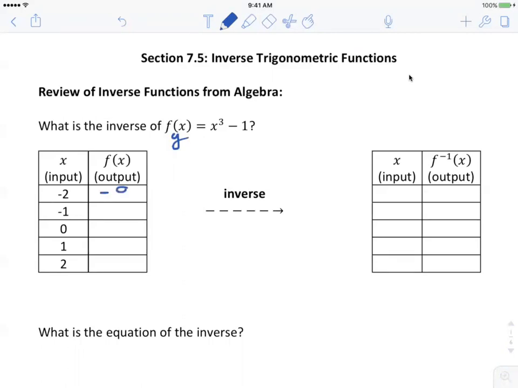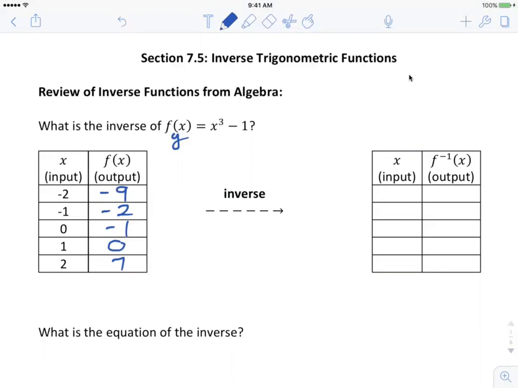Okay, so I'll do this quickly, not waste your time too much here. You can verify my work, but those are the values you would get for your outputs if you were to plug in those x values. Okay, what does the inverse mean? Really, all inverse is you switch the x's and the y's, or you switch the inputs and the outputs.